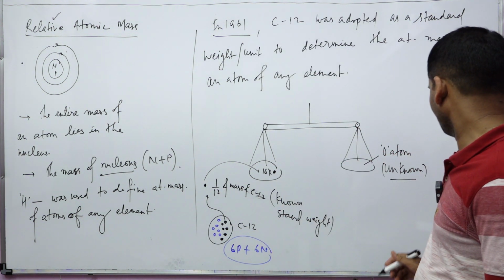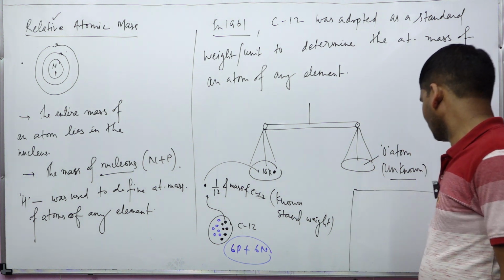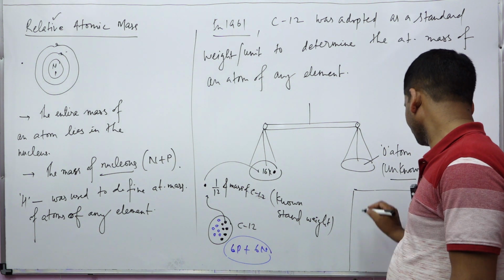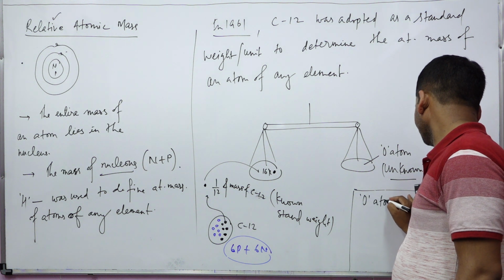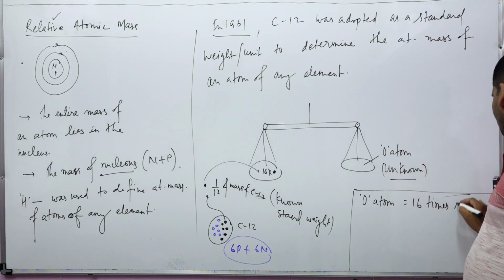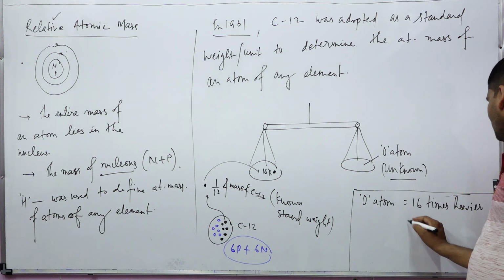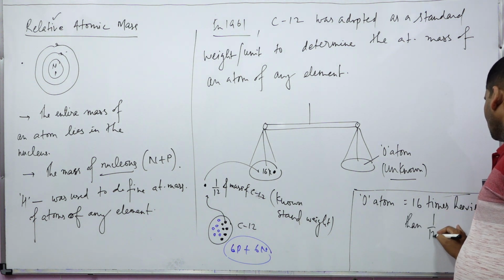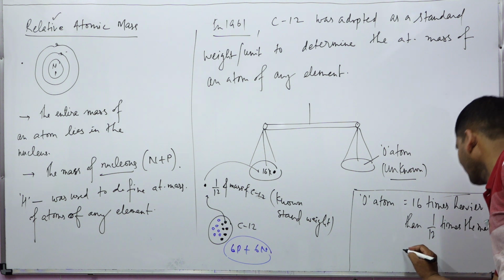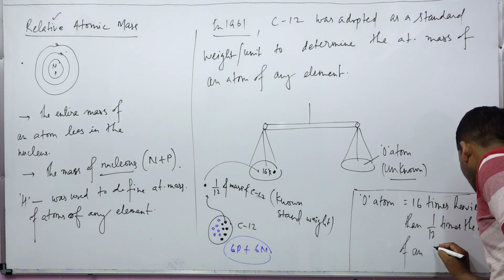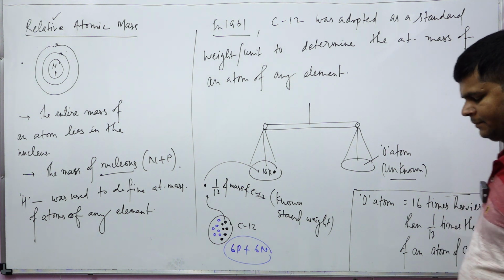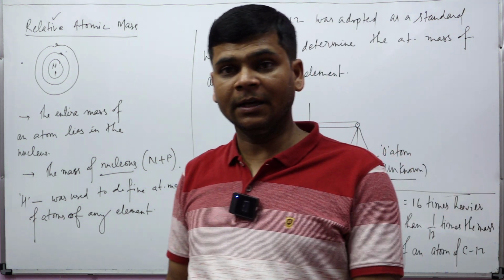We get an idea that compared to carbon, in relation to carbon, the oxygen atom is 16 times heavier than 1/12 times the mass of an atom of C12. 16 times it is heavier.